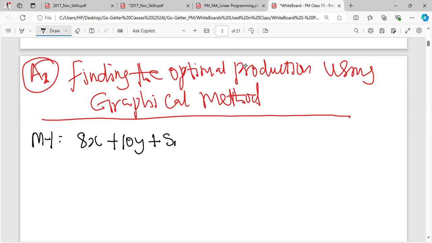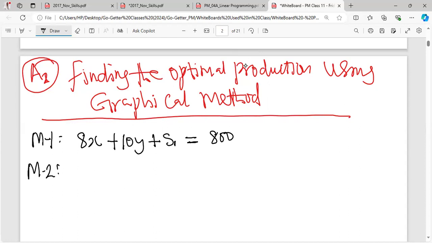So when we add a slack value, we are going to change this to an equal sign, equal to 800. So assuming this 8x plus 10y, assuming everything we solve here happens to be, let's say, 750, then our S1 would have been 50 to make it 800. So that S1 is the slack. What is the remaining unutilized machine hours after you have made your optimal production? That is our slack.